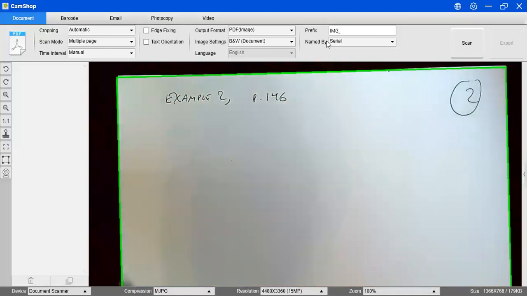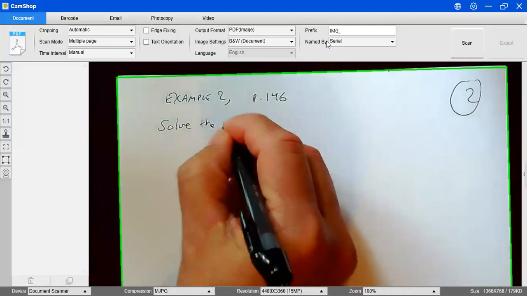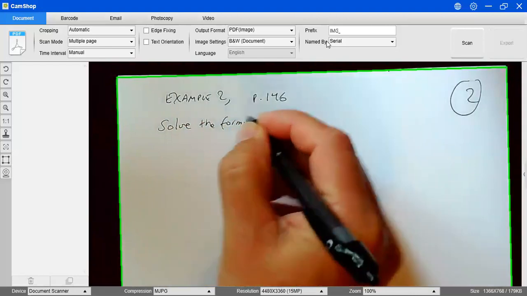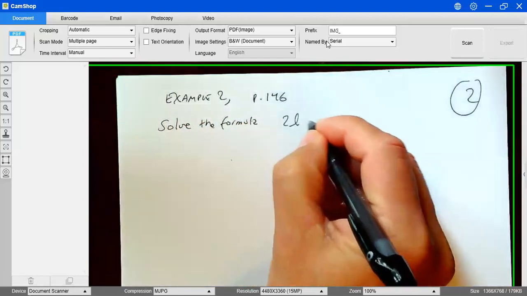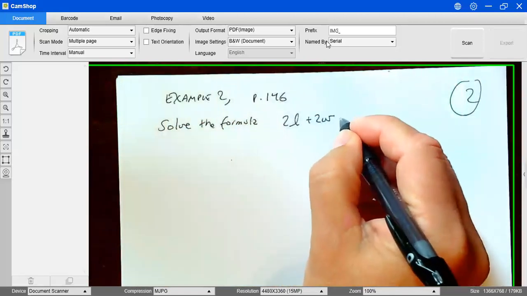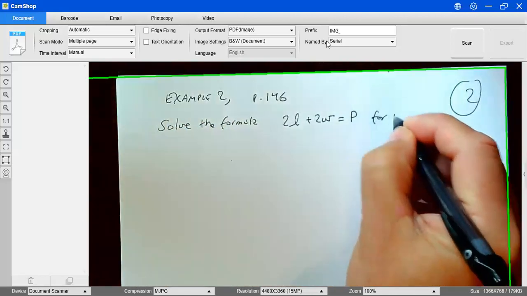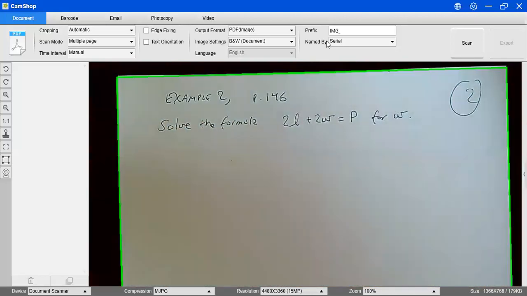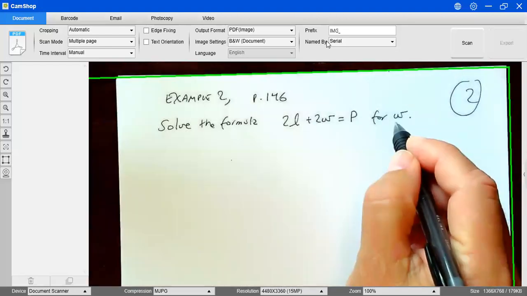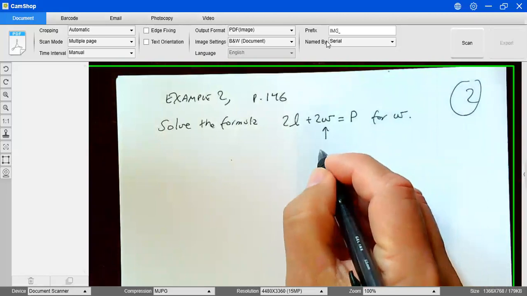So we're going to solve the formula 2L plus 2W equals P for W. So this formula is also used in geometry to find perimeters of rectangles. So again, we're gonna solve for W. So one more time, W is our variable of interest.